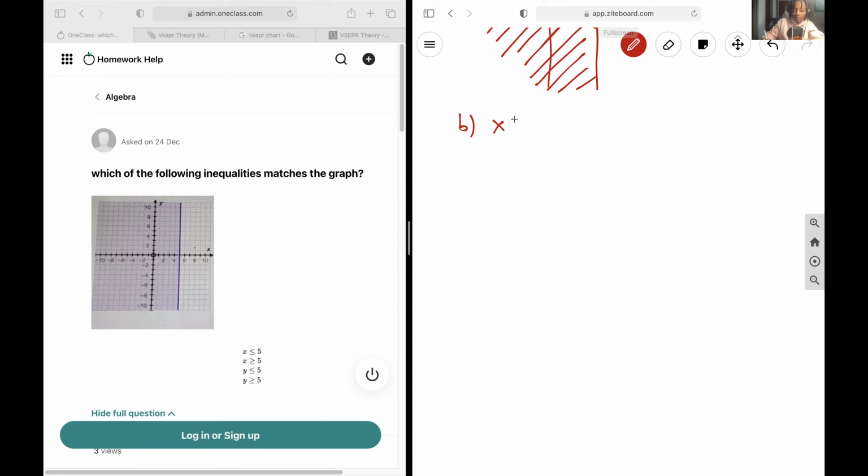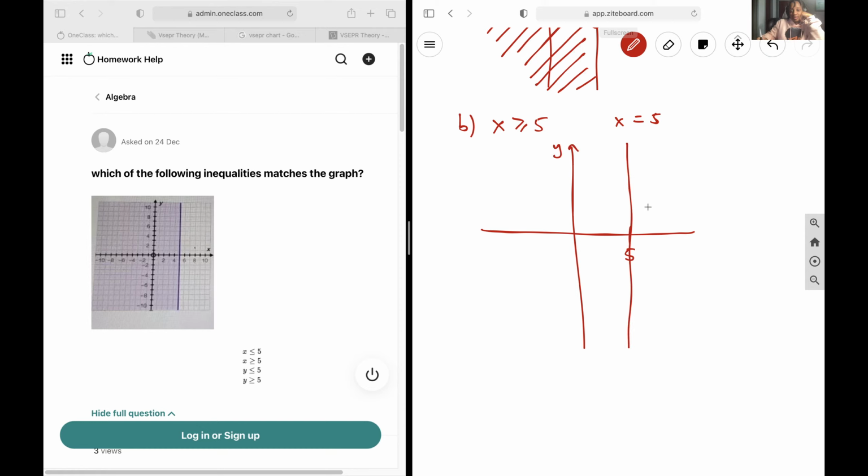Next up, we have x is greater than or equal to 5. So we start with x is equal to 5. And then we go to x is equal to 5 again. Get the line.